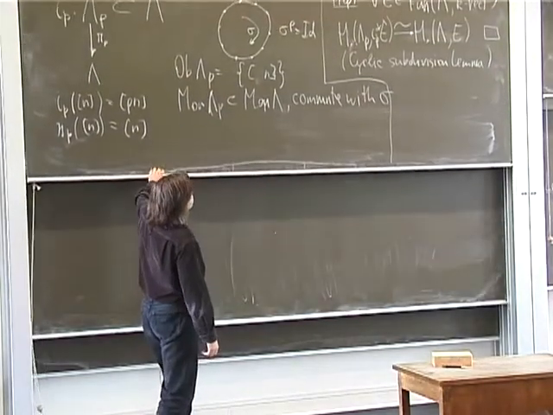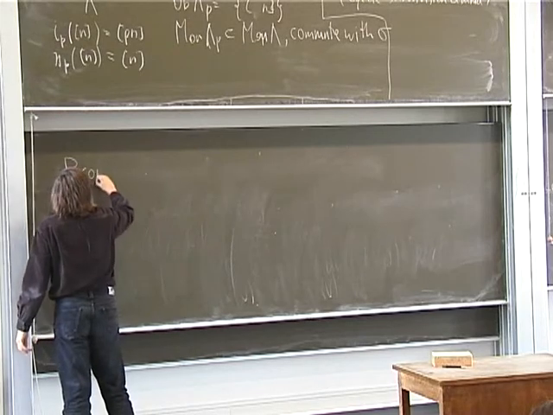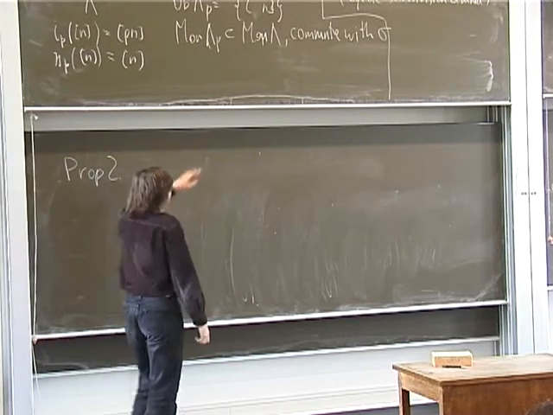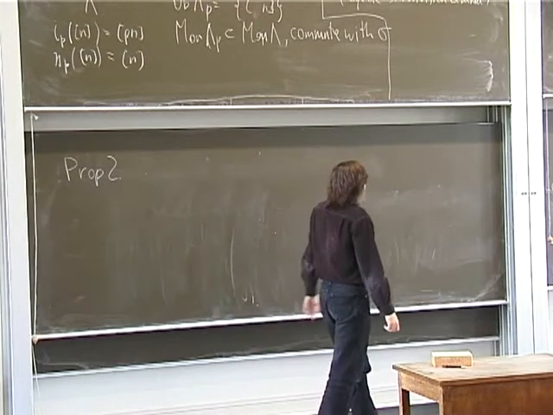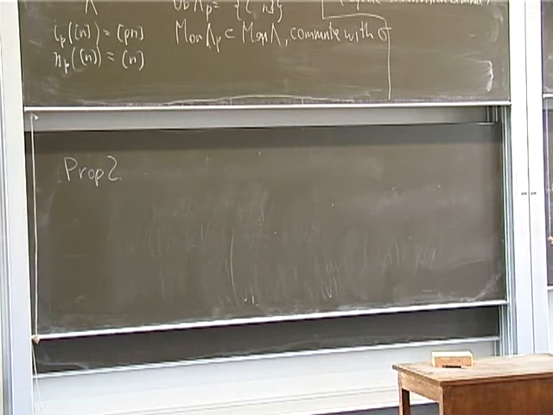Okay, so proposition 2. I think proposition 2 is not true for any cyclic object. One can write down some linear algebraic conditions, but I don't really want to do this because I will only need this particular one anyway.